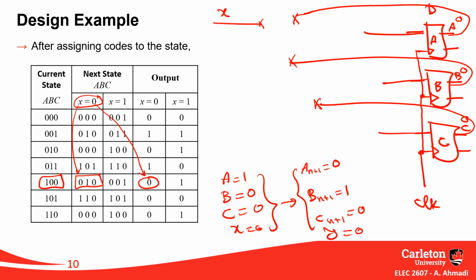For every single input, output, look how many inputs, how many outputs we have here. We have 4 inputs, X, A, B, and C. How many outputs do I have? 4: next A, next B, next C, and output.